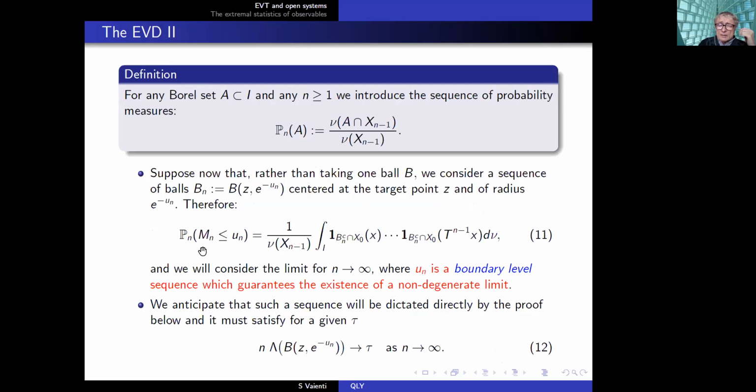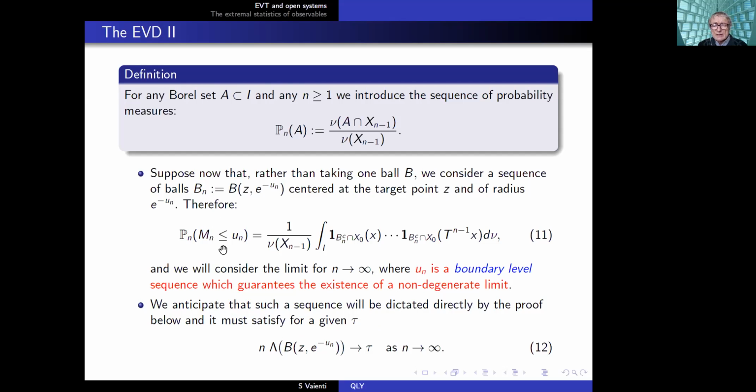Of course, if you think a bit, if this U doesn't depend on n, it's very simple to show that this asymptotic distribution is degenerate. Namely, in order to get some result which makes sense, we have to normalize this boundary level U with n in such a way as to get, in the limit when n goes to infinity, some non-degenerate distribution for this event.